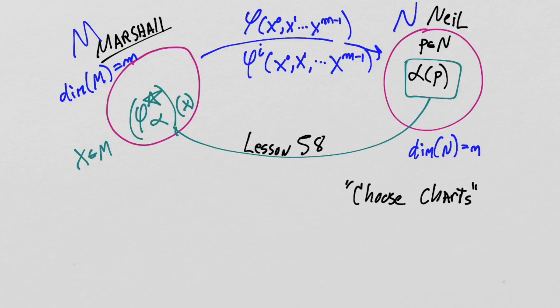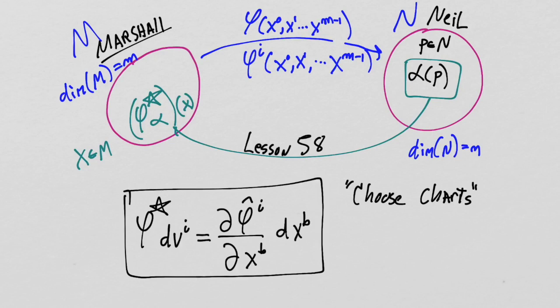We can now construct this mapping of a covector field in Neal. Its pullback we can construct in Marshall. And I gave that formula in lesson 58, and I'm going to repeat it right now. And voila. What this tells us is that the pullback of the basis covector field, presumably the coordinates in Neal are given by y mu, and the coordinates in Marshall are given by x nu, right?